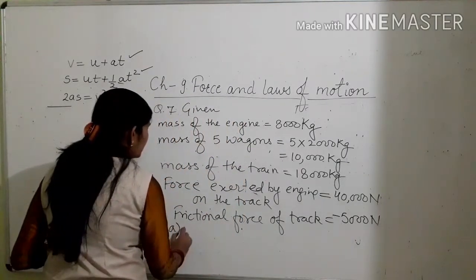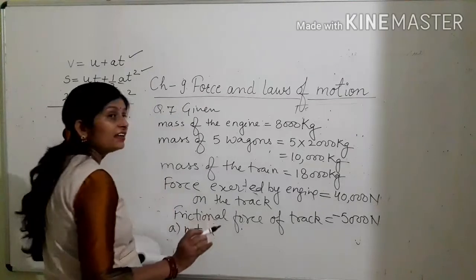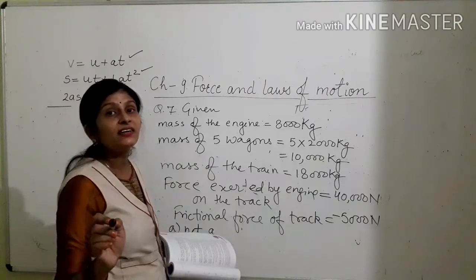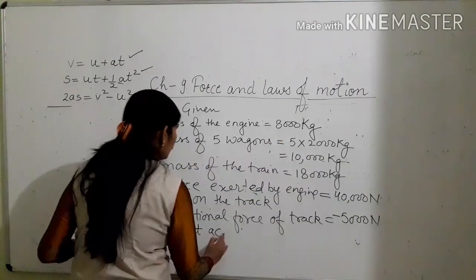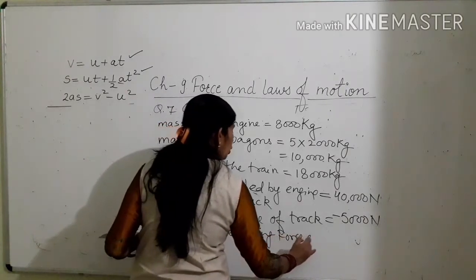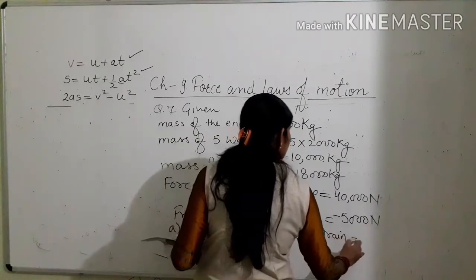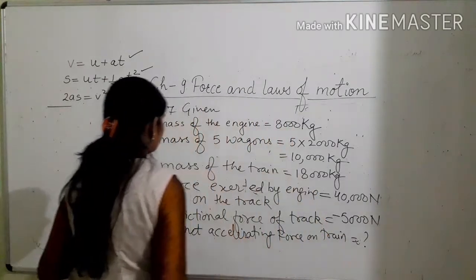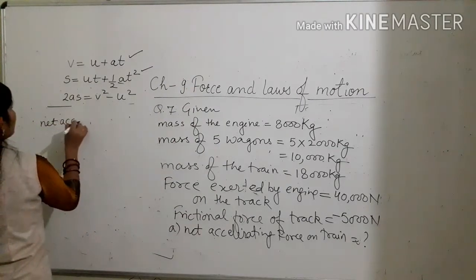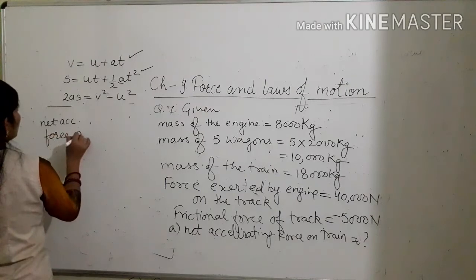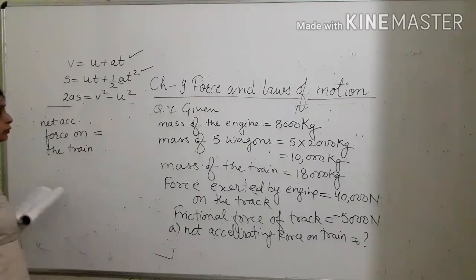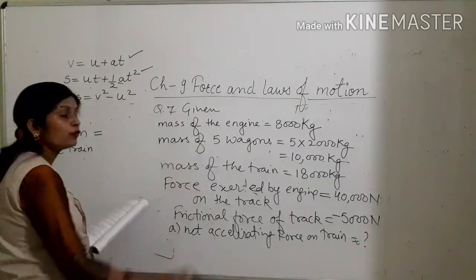Now in A part you have to find the net resultant force acting on the train which makes the train accelerate. So we have to find the net accelerating force on the train. Net accelerating force on the train is equal to, see, there are two forces.